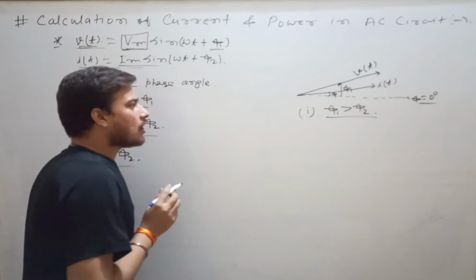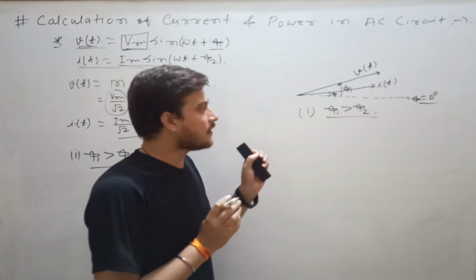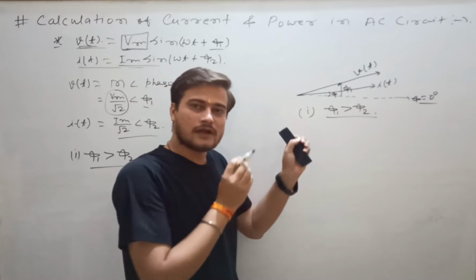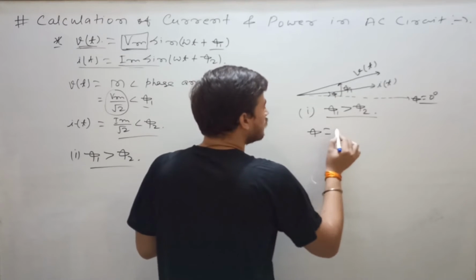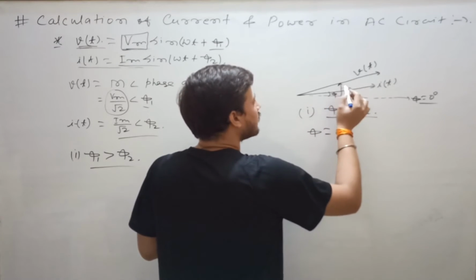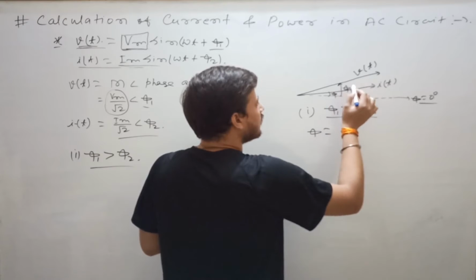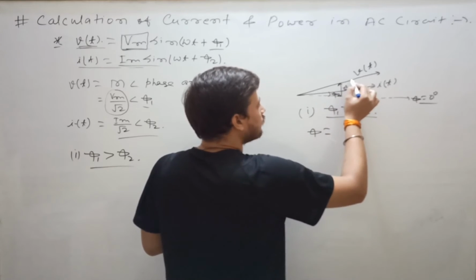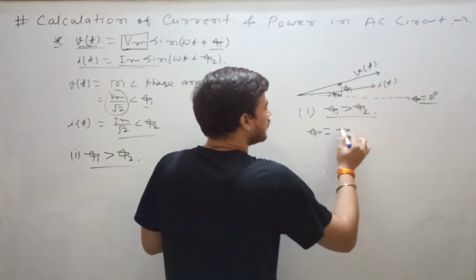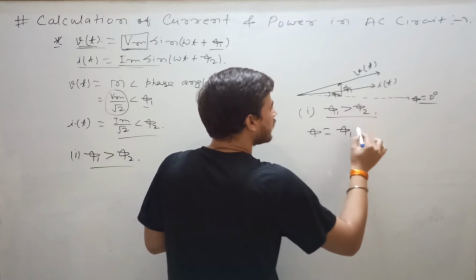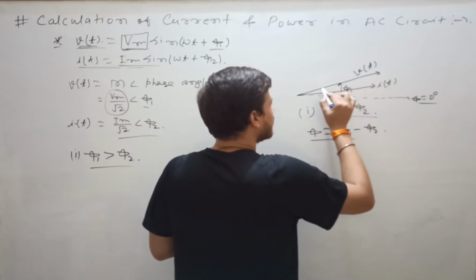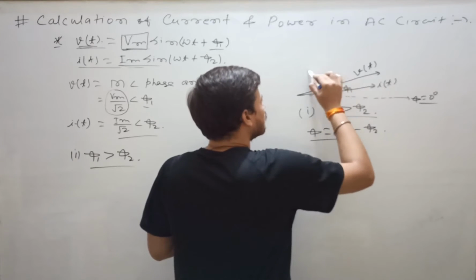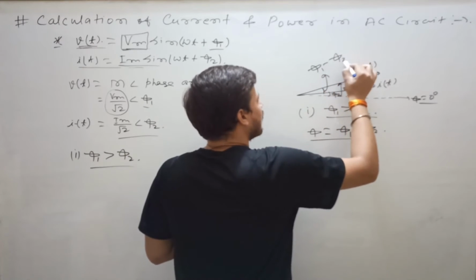Clear? So now if somebody asks you to find the phase difference between voltage and current, then you will say the phase difference between voltage and current is the voltage phase angle phi 1 minus the current phase angle phi 2. That means this angle is phi 1 minus phi 2.